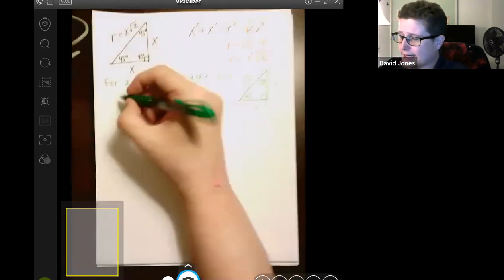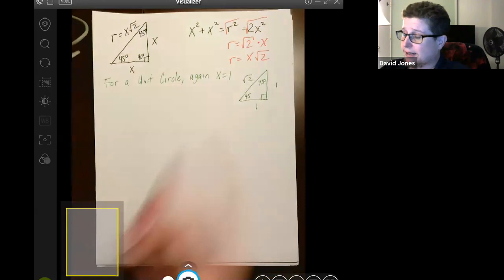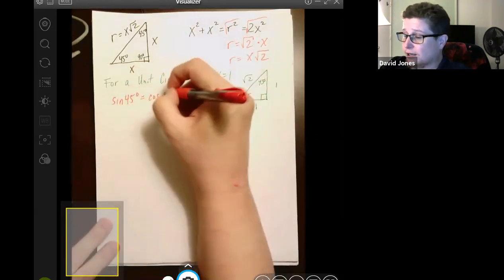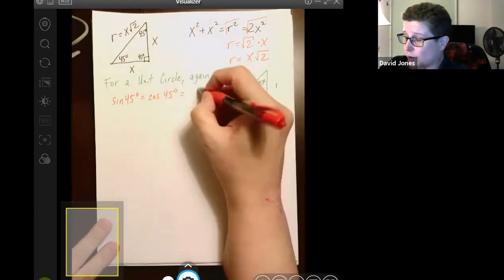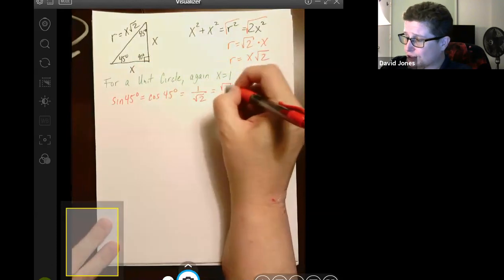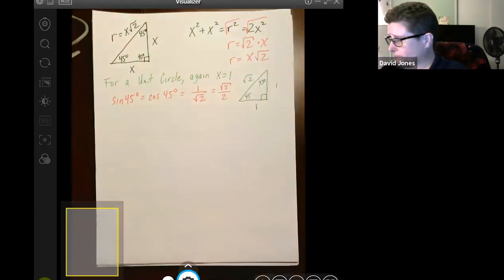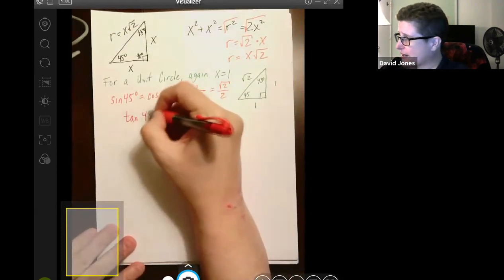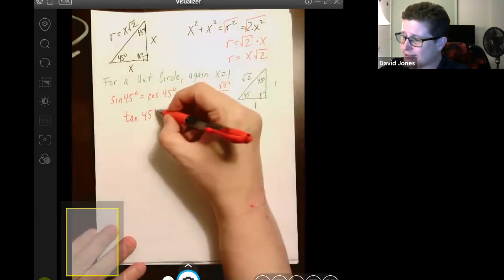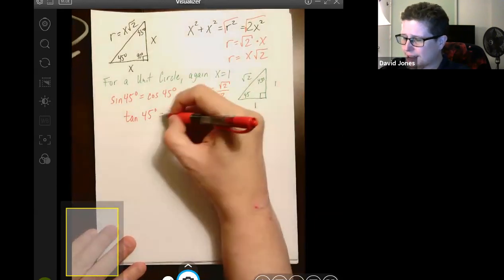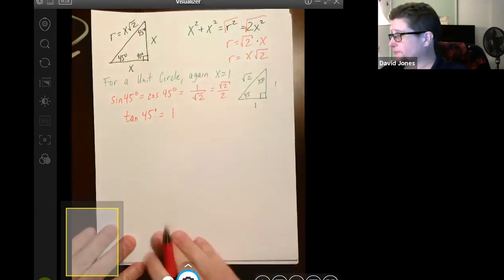You will see that by looking at this, the sine of 45 degrees is actually identical to the cosine of 45 degrees, and it's 1 over root 2, which is root 2 over 2. Tangent of 45, I'm not going to do sine over cosine. It's y over x. 1 over 1 is 1. Okay?